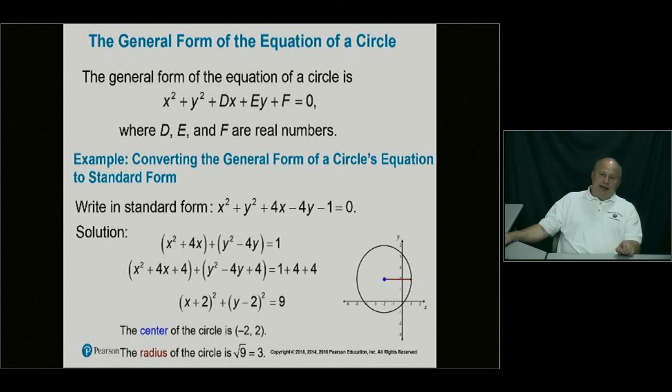Now, to be quite honest with you guys, in my opinion, this is the hardest problem in this section. The distance formula is pretty much straightforward, the midpoint formula as well. Standard form of a circle is fine if it's in standard form. But when it's in general form, that's the toughest thing because you have to complete the square twice in order to get it in the standard form. So you've got to be very patient with your calculations.